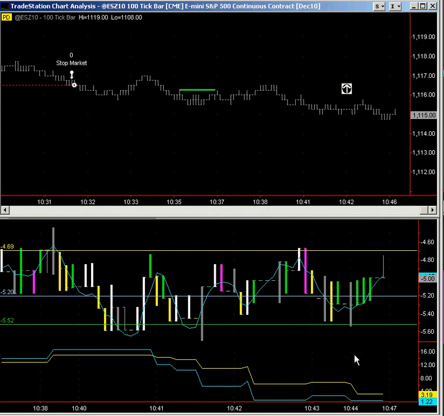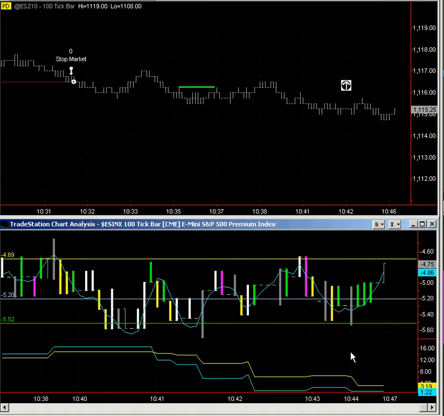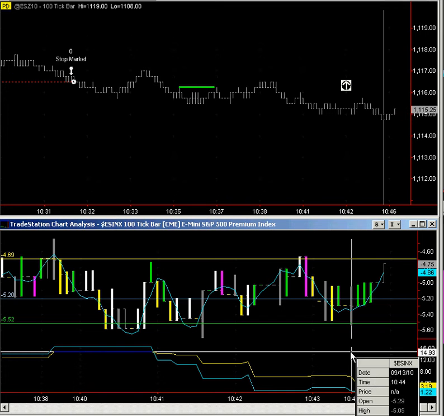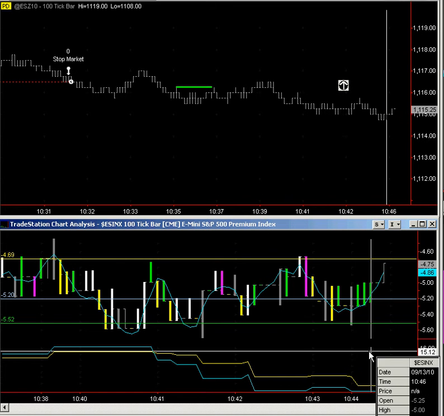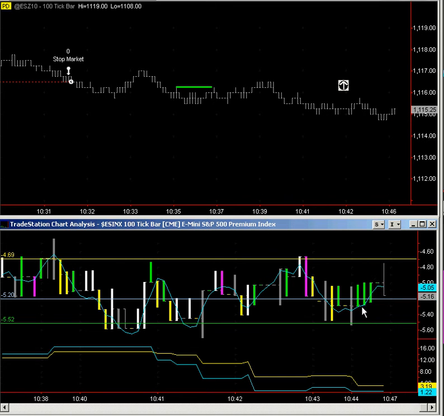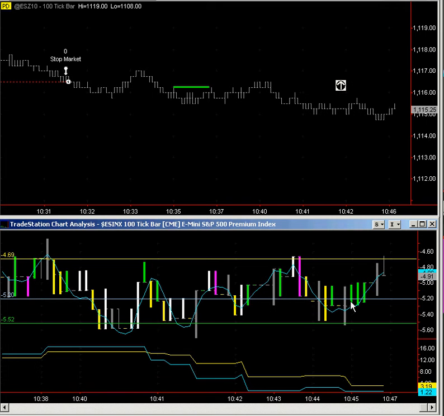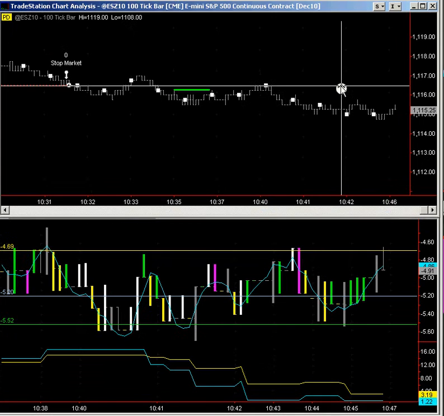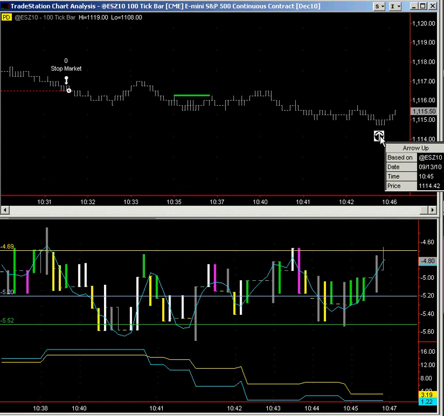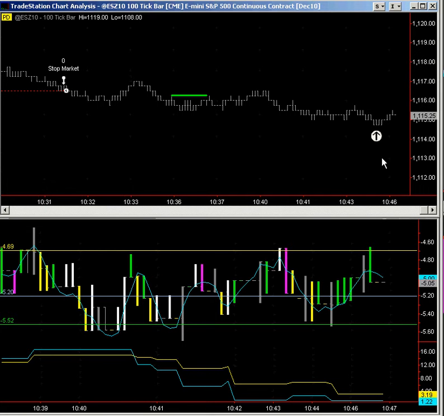Now, once again, right in here, as we moved into positive conditions here, we're above our threshold, our indicator is positive, our bars are positive. That is also a condition that we look for to enter a long trade.